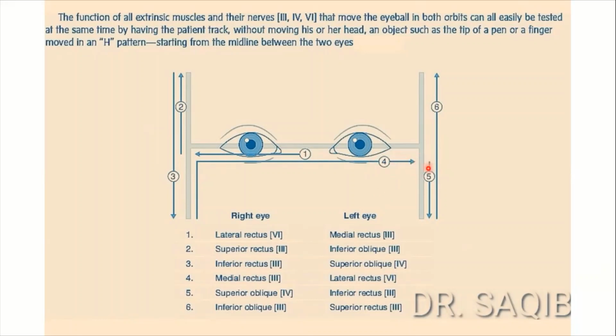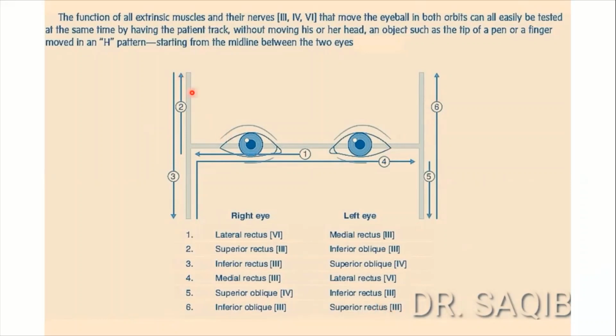So then you bring the tip of the pen down from here to here, and what is now tested? Superior oblique of the right eye and inferior rectus of the left eye. And in the last phase, completion of the H, you go upwards from here to here, and the right eye inferior oblique is tested, and the left eye superior rectus is tested.